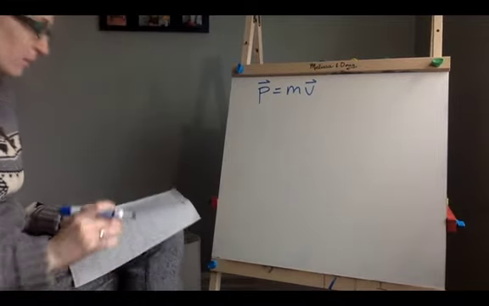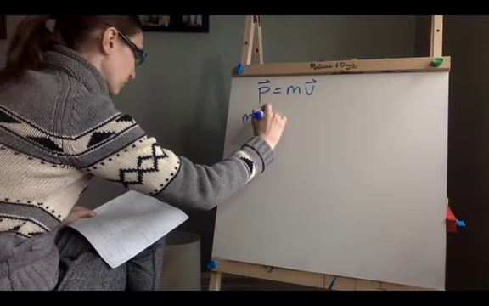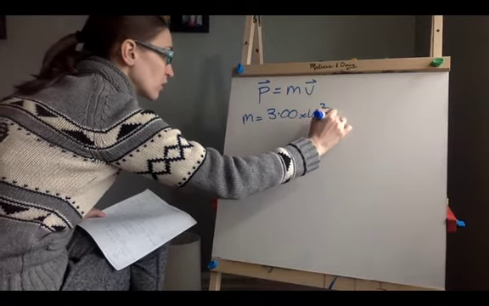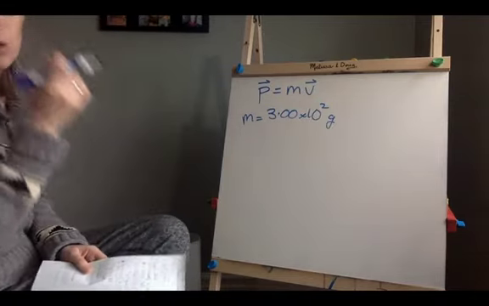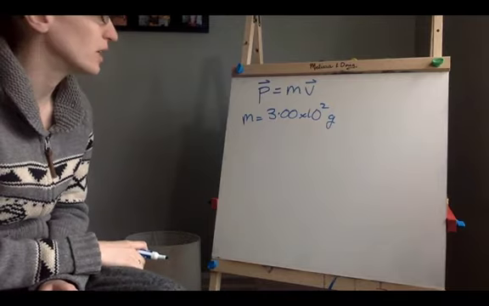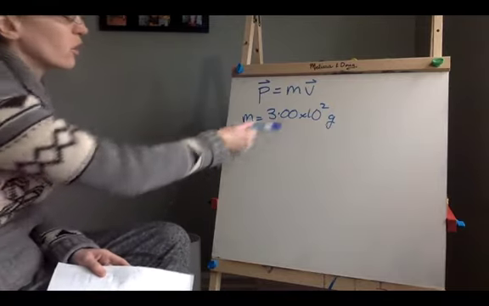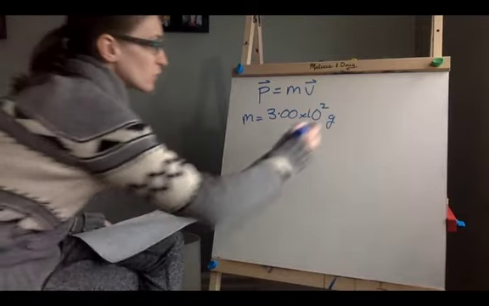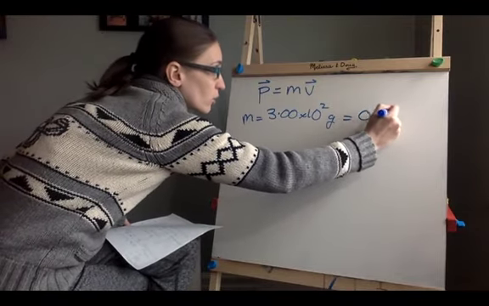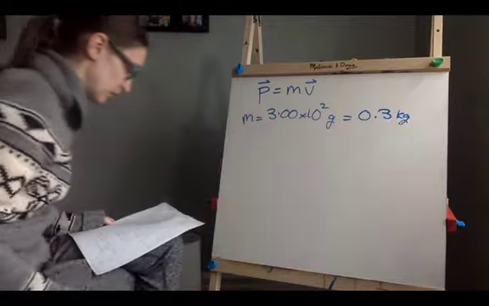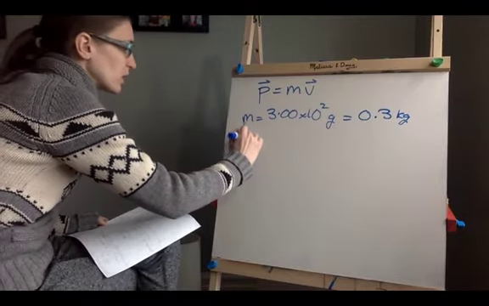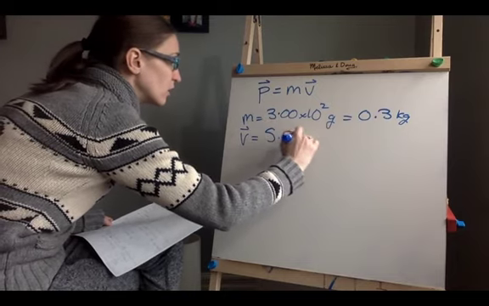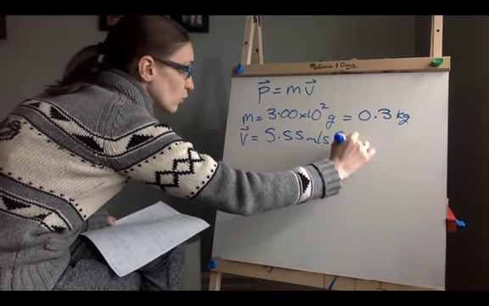We were given the mass of the hockey puck as 3.00 times 10 squared grams. However, this formula requires kilograms, so we convert grams to kilograms by dividing by 1,000, which gives 0.3 kilograms. We were given the velocity of the puck, 5.55 meters per second in a northern direction.